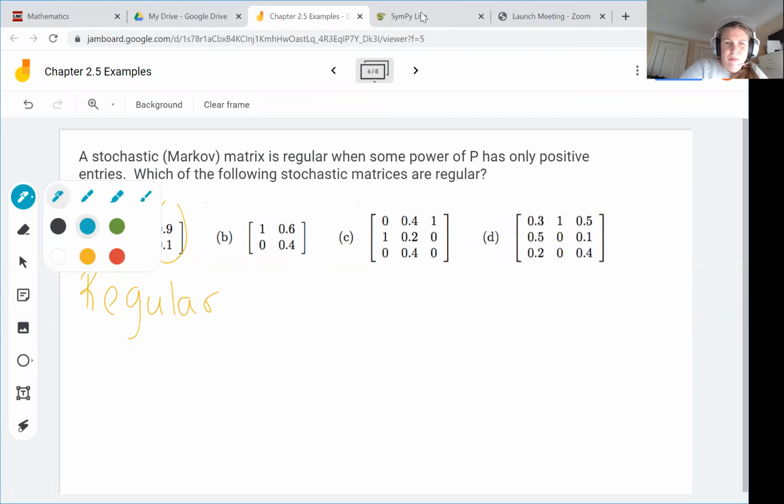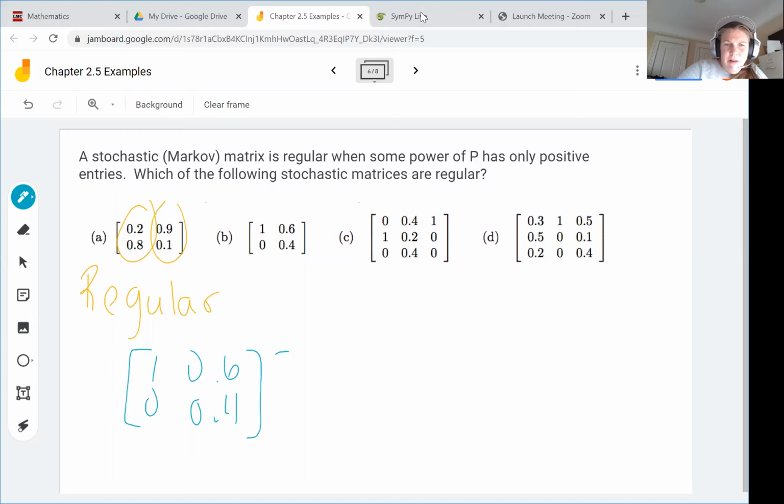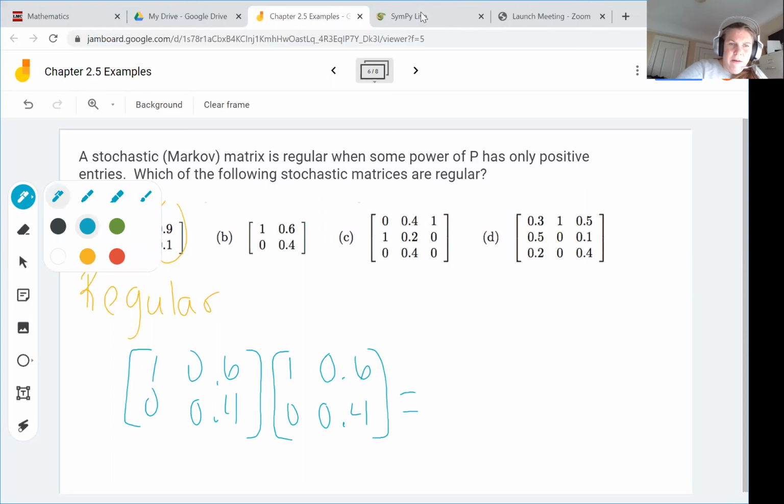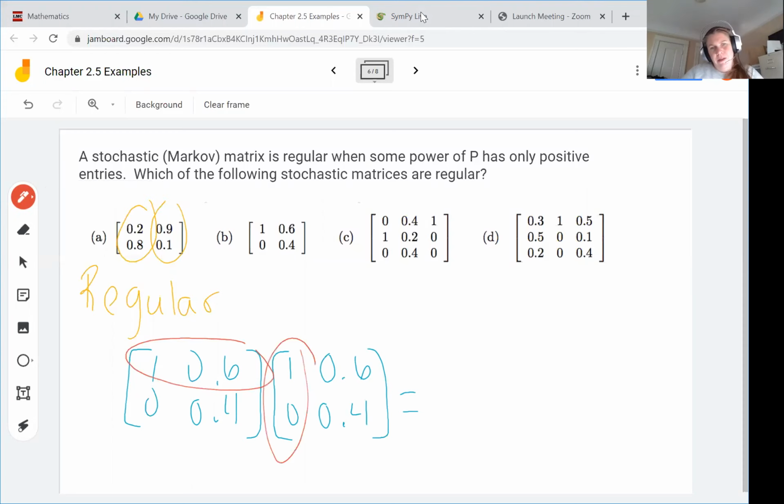So if you're multiplying 1, 0 and 0.6, 0.4 as our columns, when you multiply here, you're always multiplying these values.